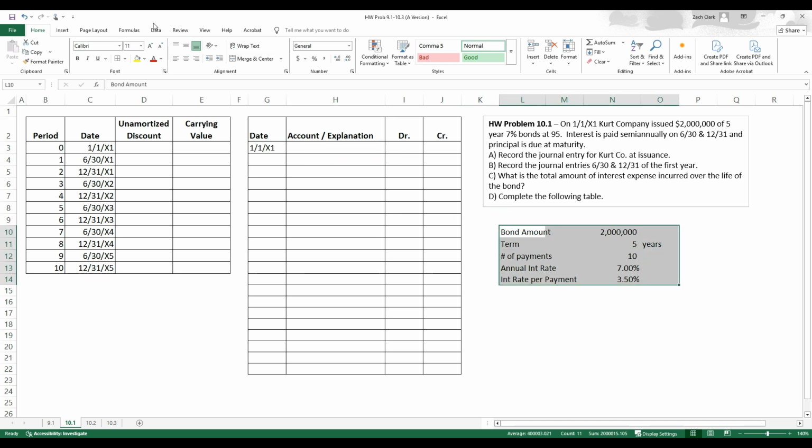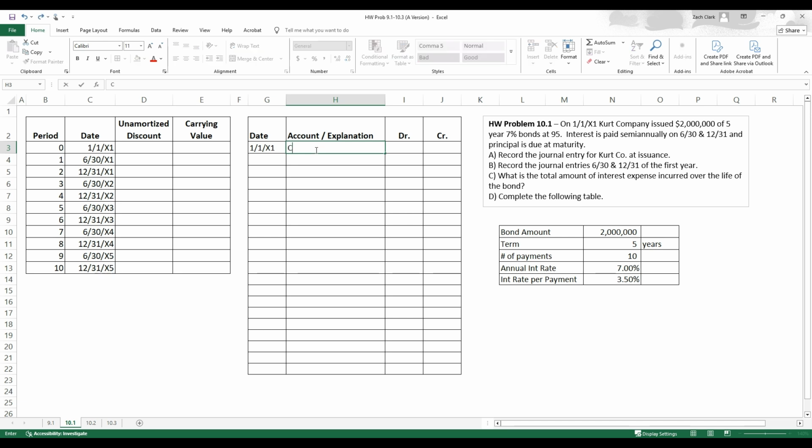So let me just do a little table here. I'll leave this in your version of the template so you can fill this out as well. I think that's handy. Okay, so the first thing we want to do is we want to note that we have bonds payable. And so we got some cash, and we had some amount of bond issuance, right?